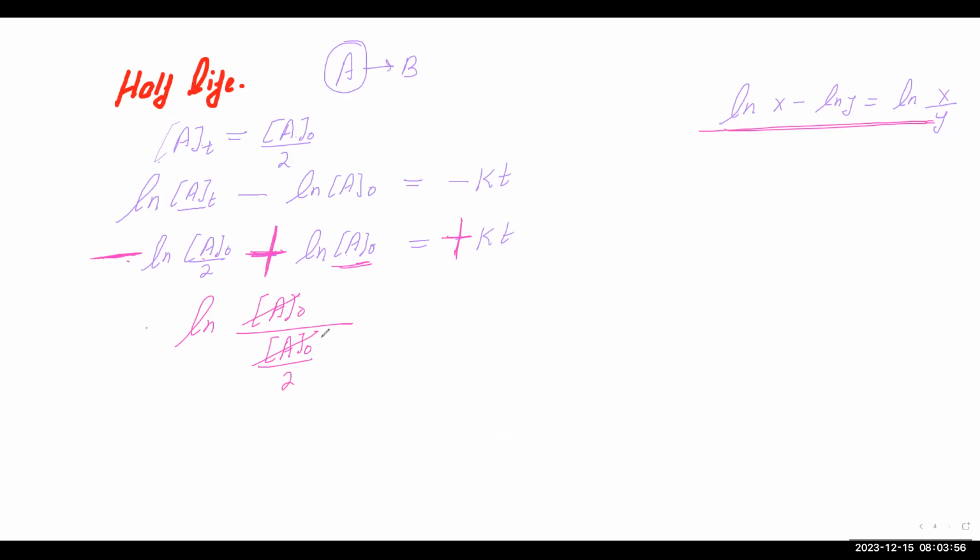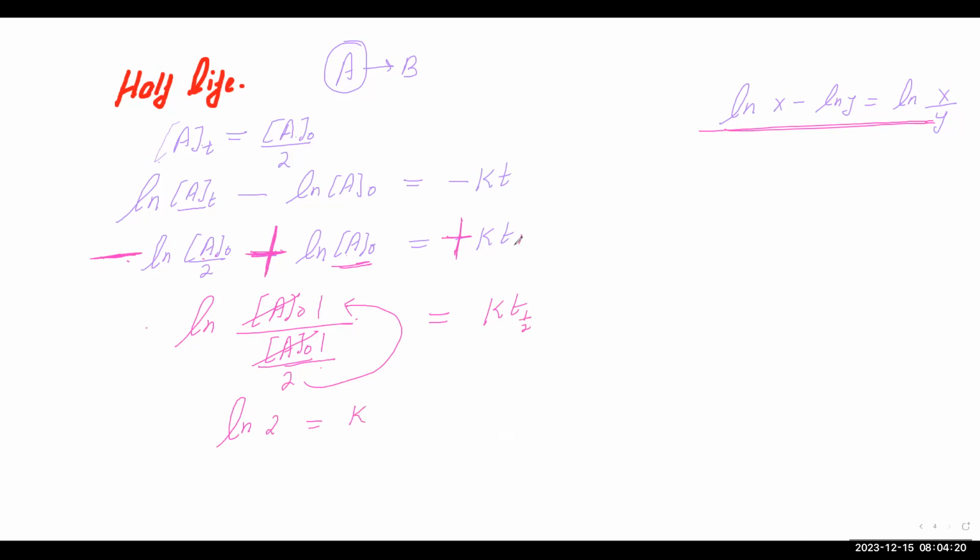And this is 1 over 2. You know this mathematics? This 2 will jump and come in the numerator. So this becomes ln2, and this is actually Kt. So ln2 is Kt.